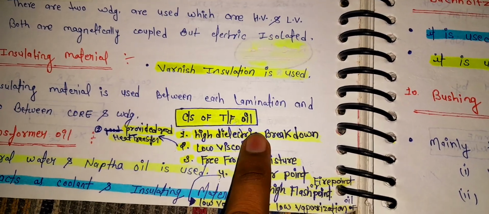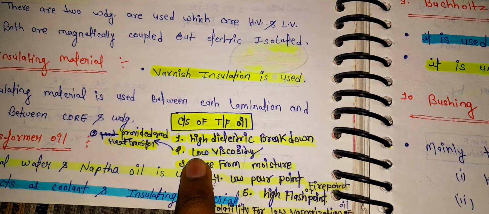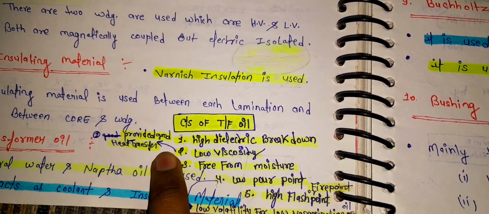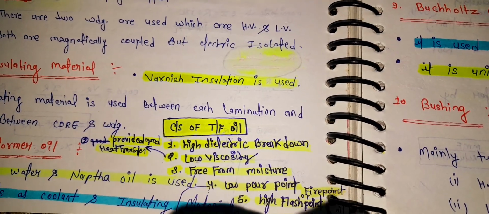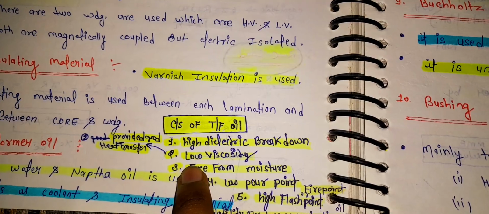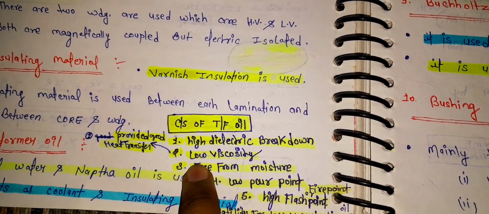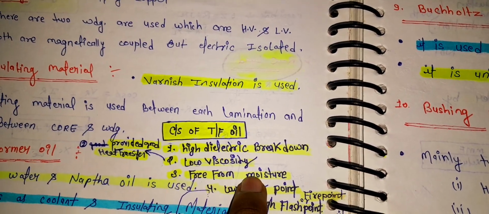First, high dielectric breakdown strength. Second, low viscosity, which provides good heat transfer for the transformer. And third, it must be free from moisture.